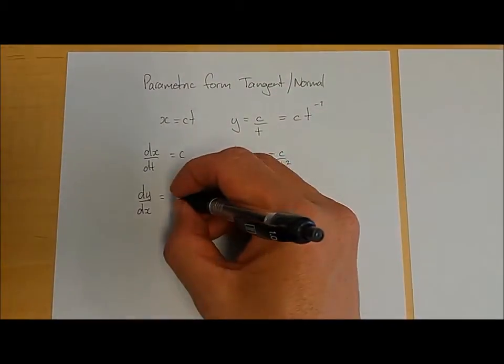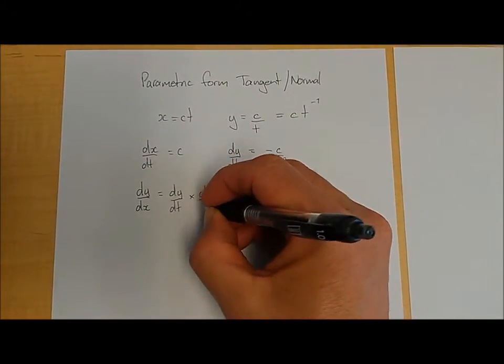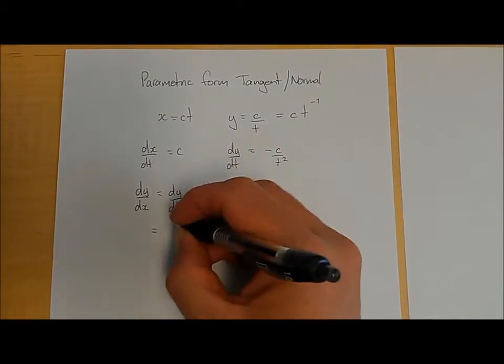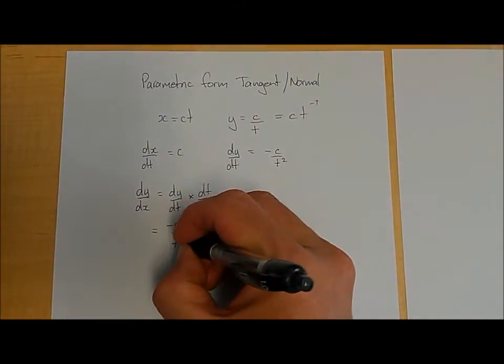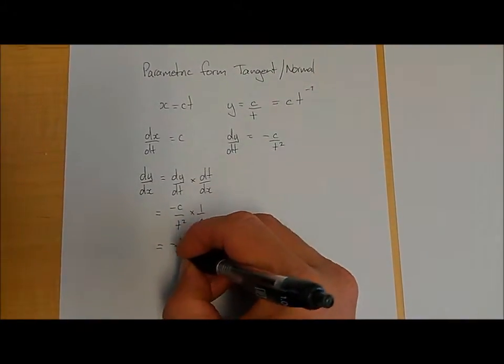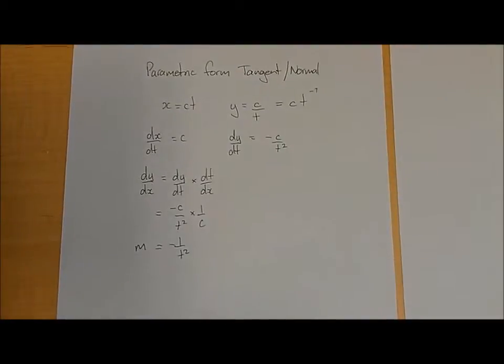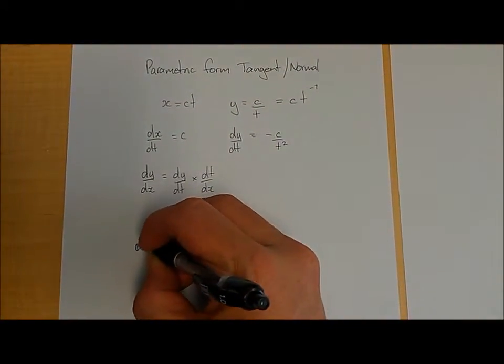And then dy dx is going to be equal to dy dt times dt dx, which is negative c on t squared times 1 on c, which gives me negative 1 on t squared. So that's my gradient. Oh, sorry, that's actually dy dx.